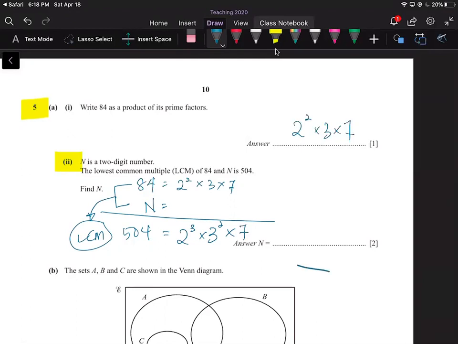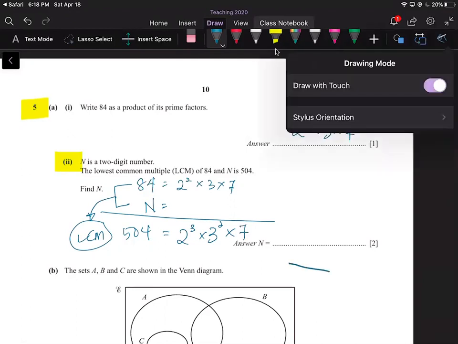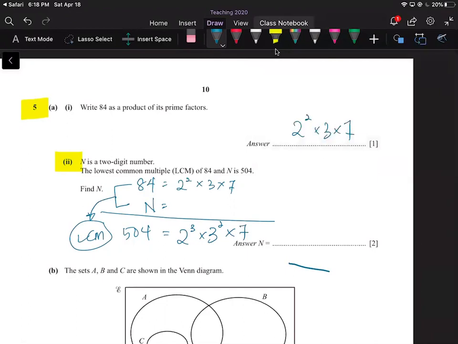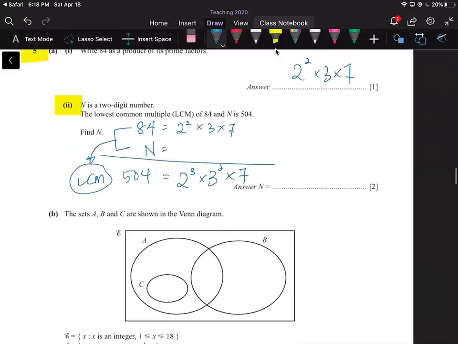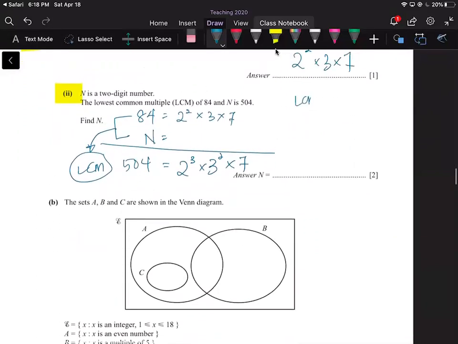So the idea of LCM, if you remember, is from chapter number 9 in your year 9. For LCM, you have to take the largest power.